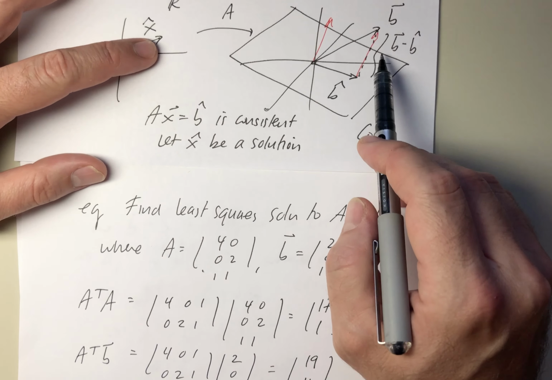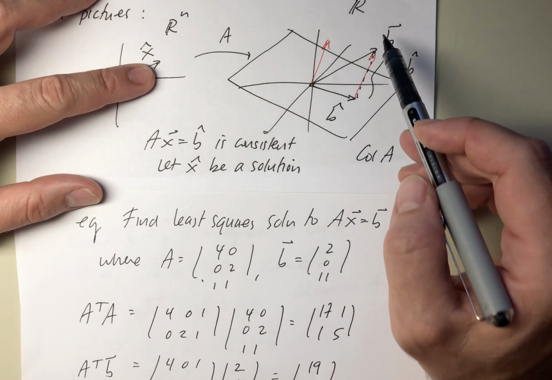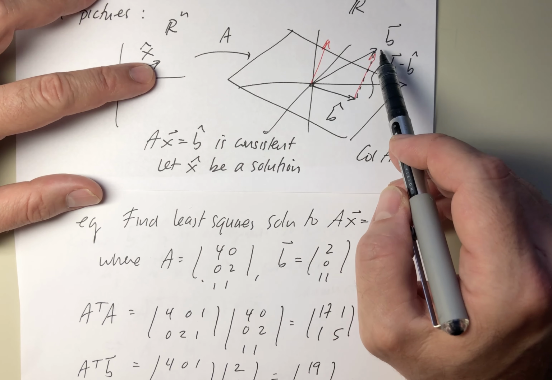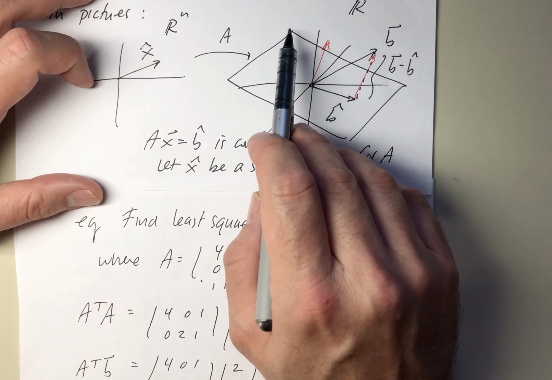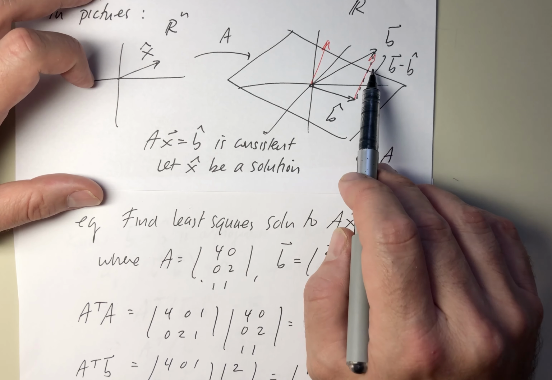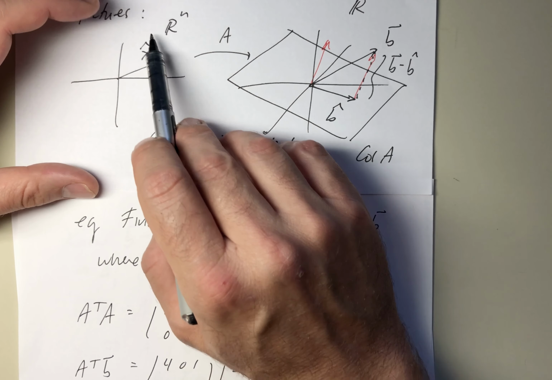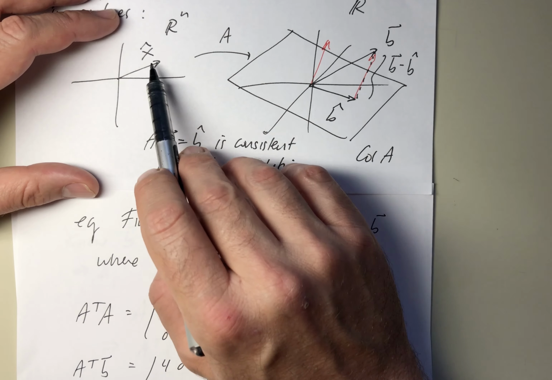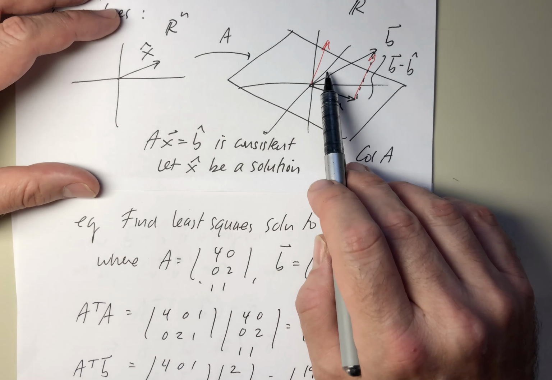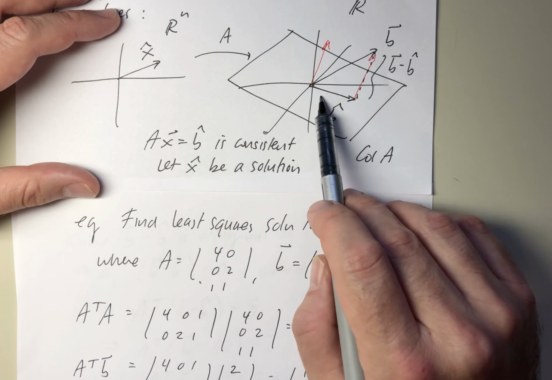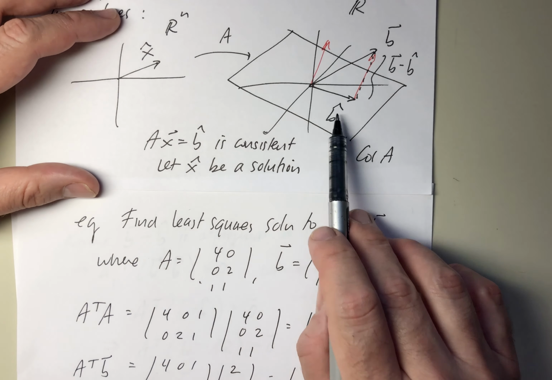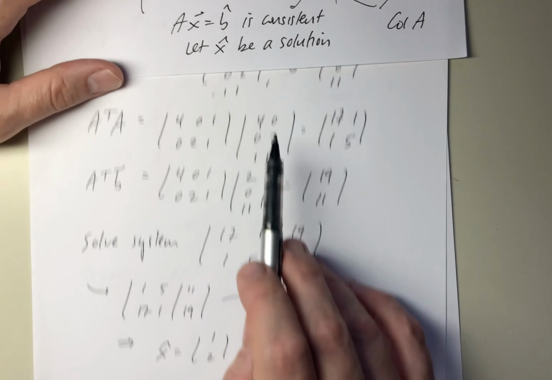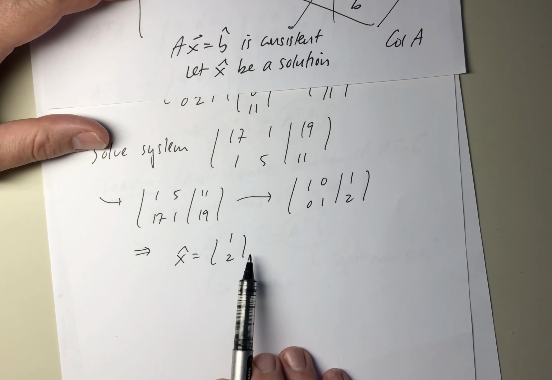So if b is this vector (2, 0, 11), and A is this matrix here, since b is not in the column space, there's nothing that I can plug in, as vectors in R^n, that results in mapping onto b. But I want to get as close as possible, and it turns out the thing that maps to this b hat, which is as close as possible, is this (1, 2) that I solved for.